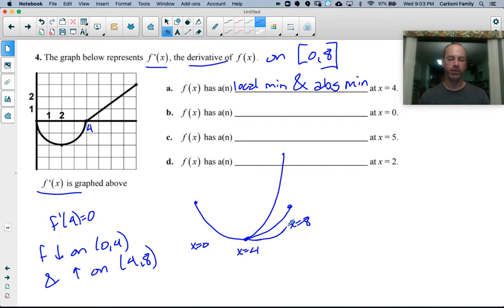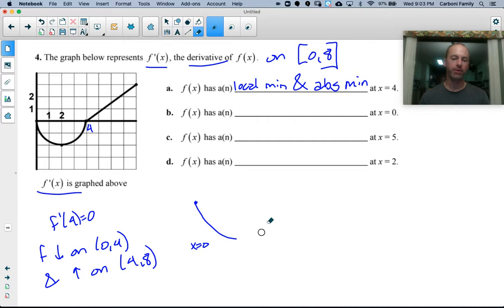Do we increase a little? How much do we increase from 4 to 8? Because the amount of increase from 4 to 8 and the amount of decrease from 0 to 4 will determine if that left endpoint, and there's our ice maker, is higher or lower than the right endpoint. And that's a little bit of a complicated question. So while I've talked about this a good bit, I'm going to hold off on that question. We'll talk about that in just a minute.